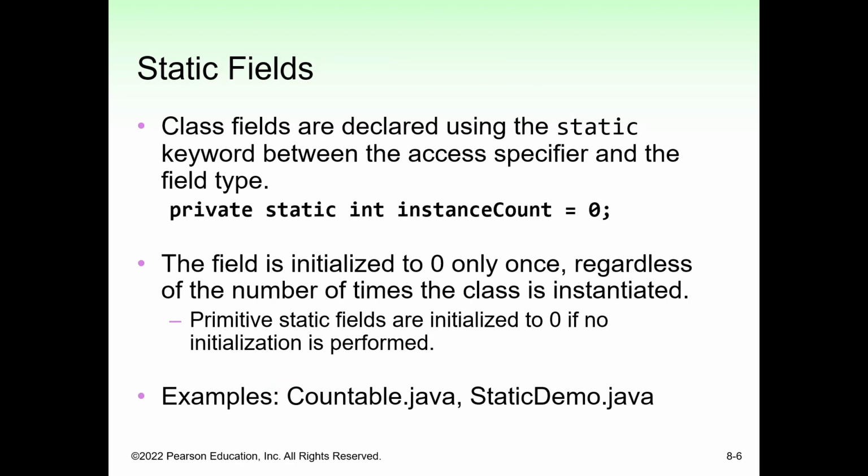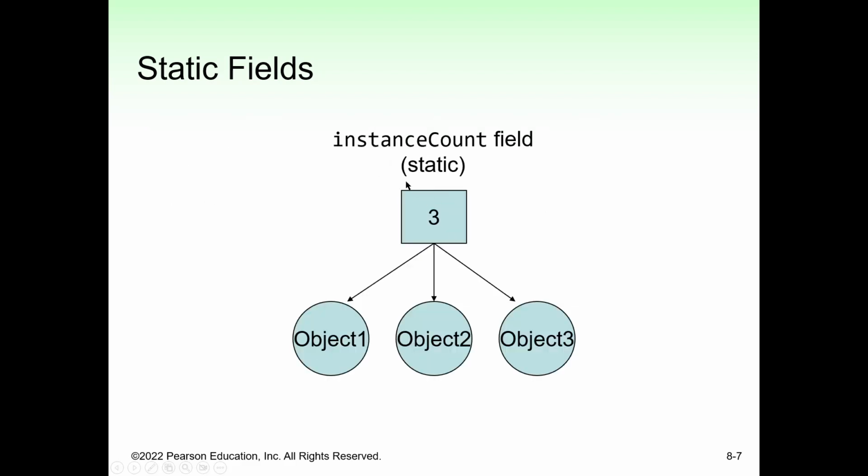Now, static fields work the same way, and the only difference is that your static field is going to have an access specifier, and after this access specifier you're going to put the keyword static. This is an example of a static variable. In this case, we are counting how many objects have been created.